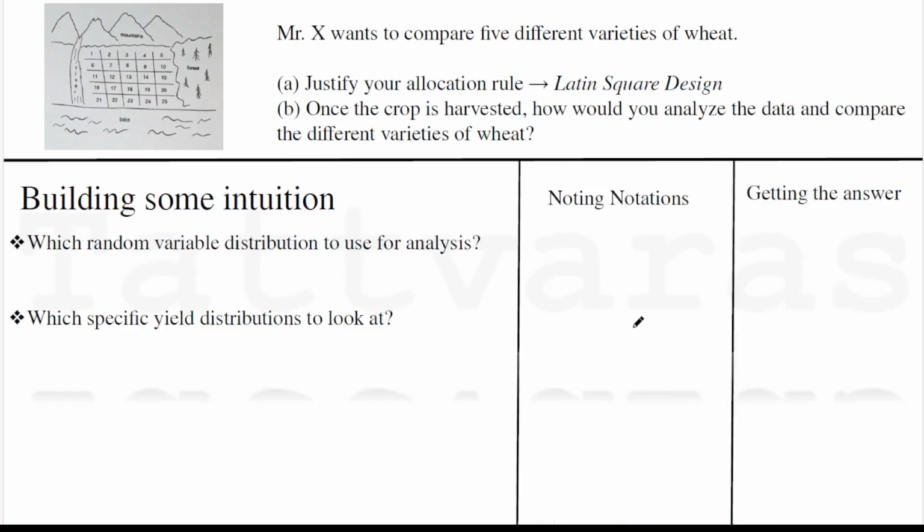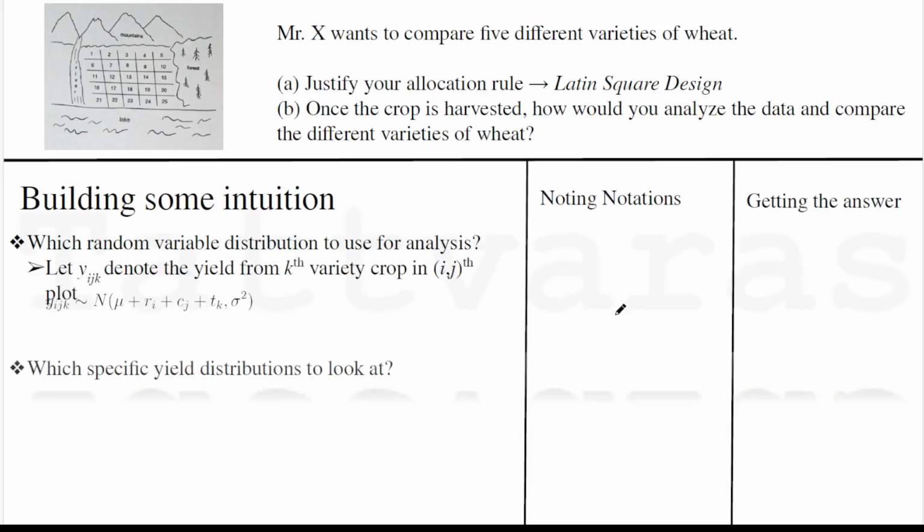We have to build some intuition for this as well, or connect some dots, whatever you'd like to call it. We have the allocation, which distribution we would want to use, sort of attribute that distribution to the yield from crops. That would be helpful for analysis. And maybe you have also guessed it, it's going to be normal distribution.